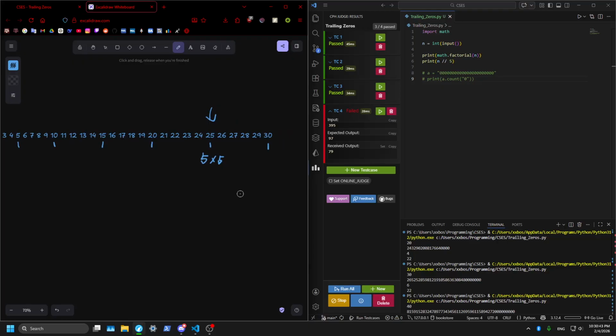Next time you get that is at 50. 50 is 10 times 5, so you get an extra 0. And then 75.